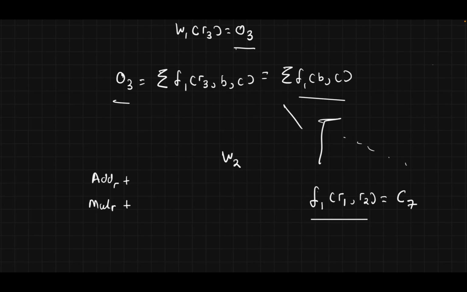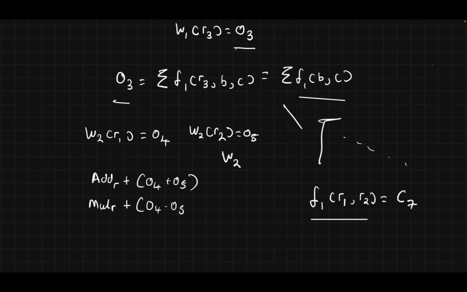So the prover now has to give it the evaluation of W2 at R1, which I'm just black boxing, call it O4, and W2 at R2, O5. Then you do something similar: you do O4 plus O5, then O4 times O5, and you get a value. This value hopefully is equal to C7 so that the oracle check can be completed.